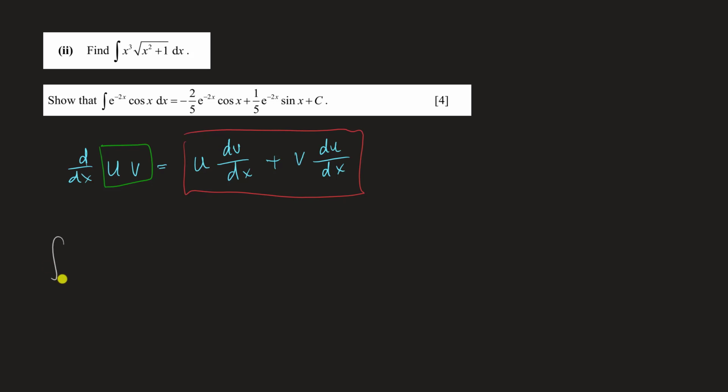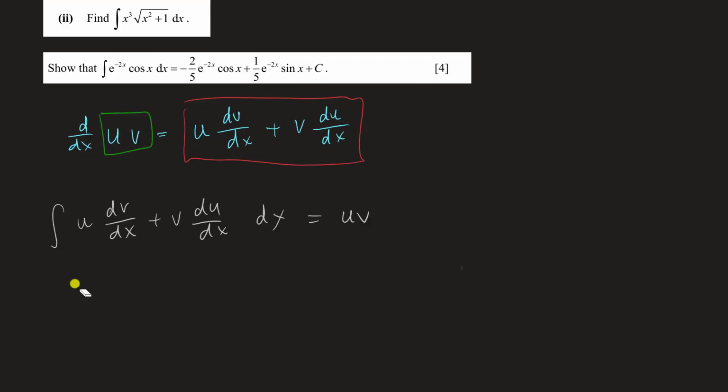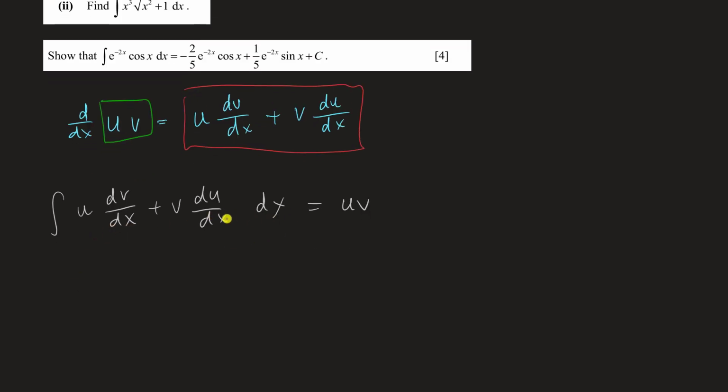So let me just write the idea out. You integrate red, you will get green. Of course, you're integrating this with respect to x. You are supposed to split this into two pieces on the left hand side. You'll get integral of u dv dx plus v du dx, dx.